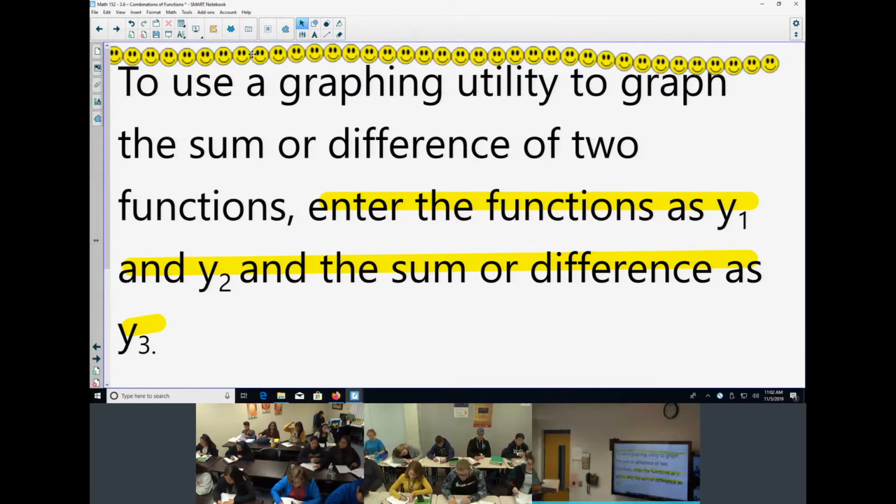All right. Okay, so it says to use a graphing utility to graph the sum or difference of two functions, you enter the functions as y1 and y2 and the sum or difference as y3.